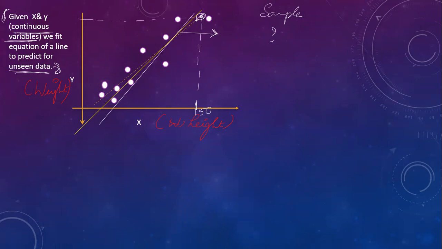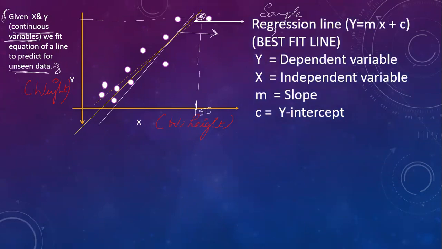This line is called the regression line, and the regression line takes the equation y = mx + c, and we have to find a best fit line. We'll tell you how to find a best fit line. Before that, let's see what y, mx and c are. y is the dependent variable.